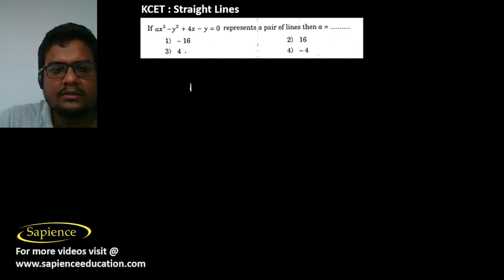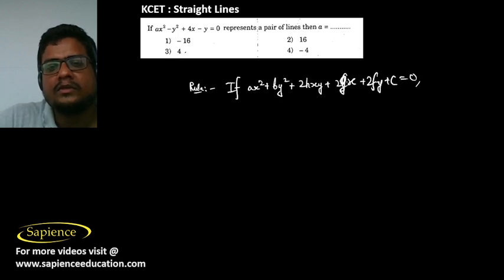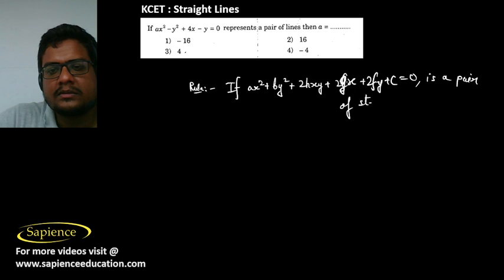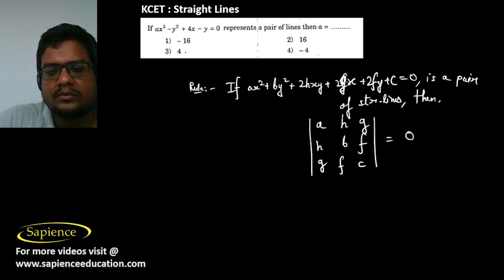So the rule is that if the equation ax square plus by square plus 2hxy plus 2gx plus 2fy plus c equal to 0 represents a pair of straight lines, then the determinant of a h g, h b f, g f c is equal to 0.